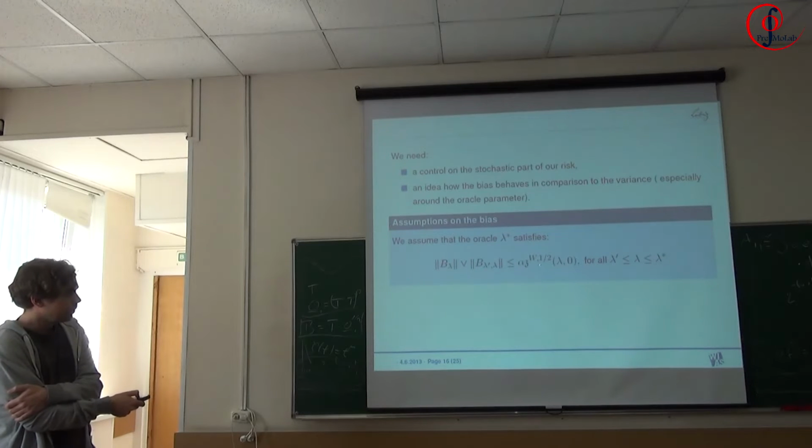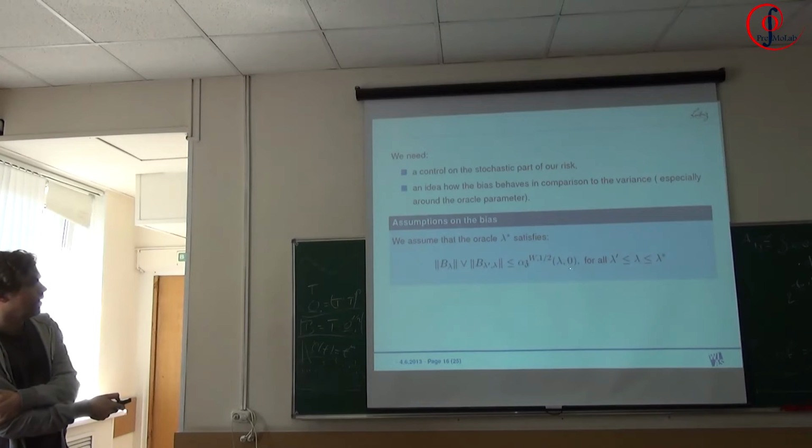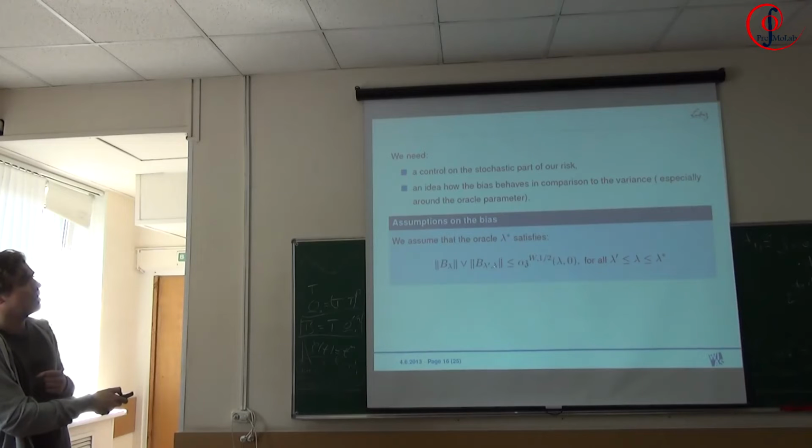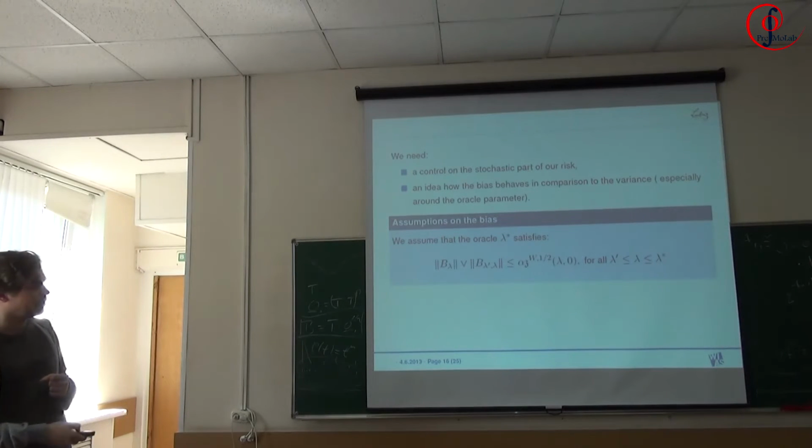We assume that this stochastic variation times alpha is bigger than the maximum of the bias, or the difference in bias between lambda prime and lambda, for all lambda prime smaller than lambda, smaller than our oracle parameter.